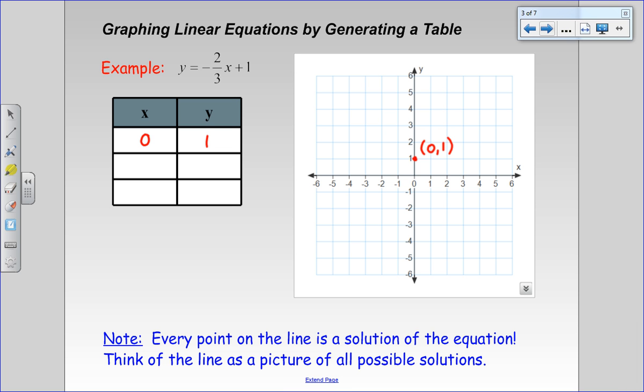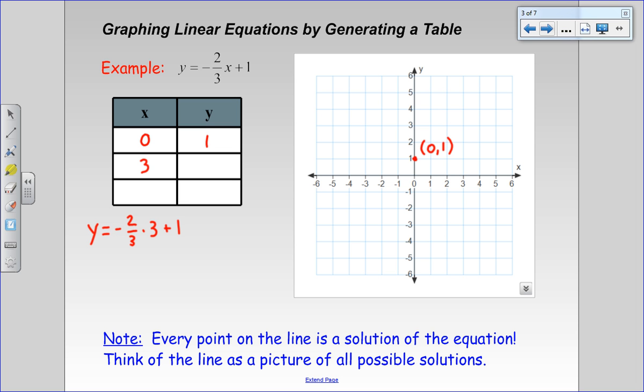Now, before we choose our next value for x, look at that fraction, negative 2/3, that's being multiplied by the x coordinate. If we choose wisely, we can make our calculations a little bit easier. For example, rather than choosing x equals 1 or x equals 2, let's choose x equals 3 and replace that in our equation.